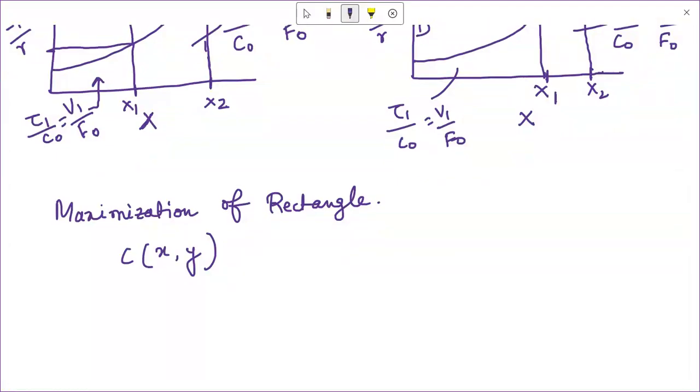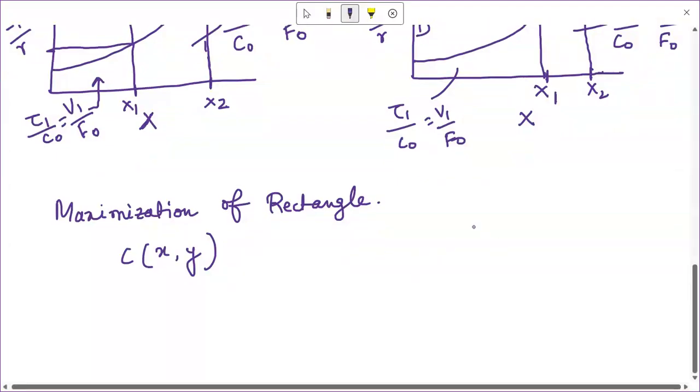So let us just outline the procedure of maximizing a rectangle in general. Let's say you have a plot. On the x axis you have x, and on the y axis obviously you have the quantity y, and this is an arbitrary curve.